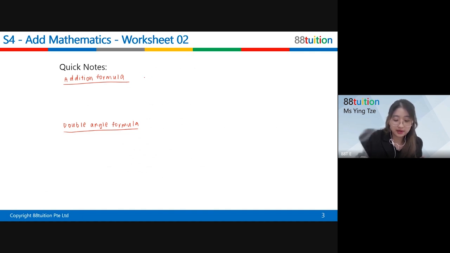It deals with expressions like sine of something plus something. Some of you might think that this is just equal to sine A plus sine B, but this is not the case. We have special expansions for this addition formula.